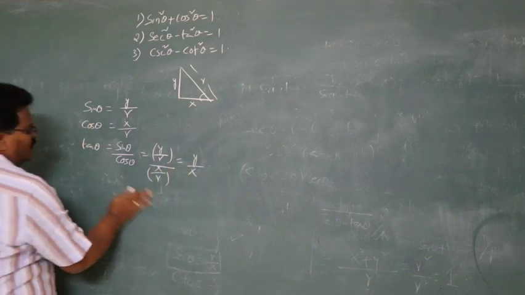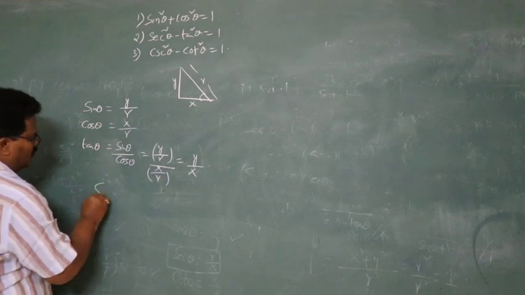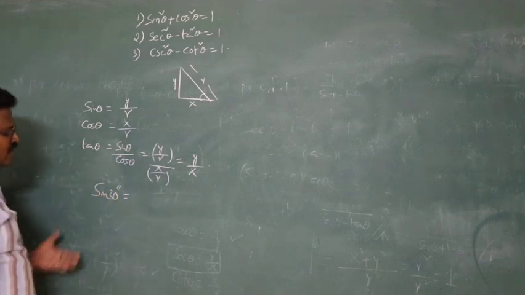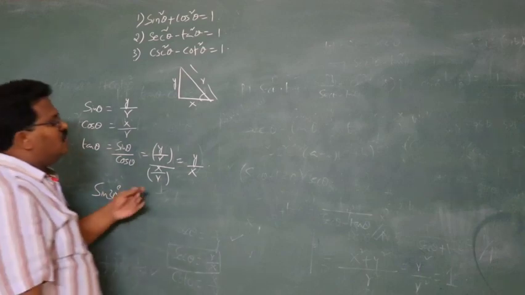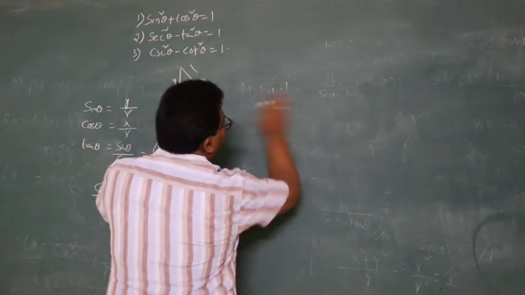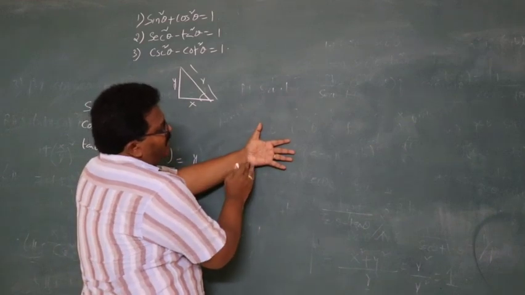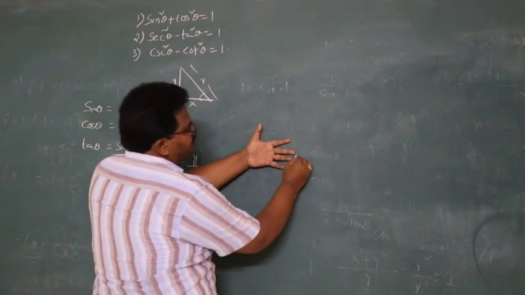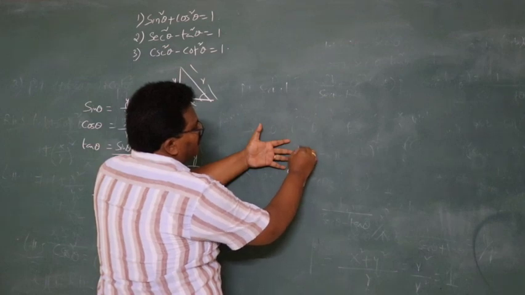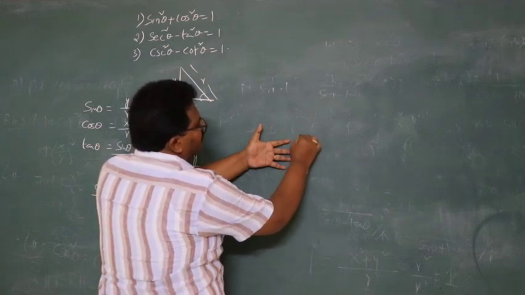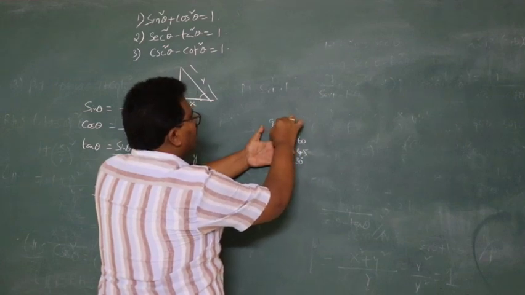In a similar way, we have to remember the table also. What is sin 30? How to write the sin 30 value? I am giving one simple technique: put the hand like this, that is 0, 30, 45, 60, 90.